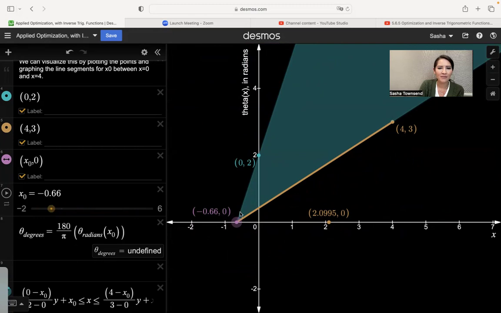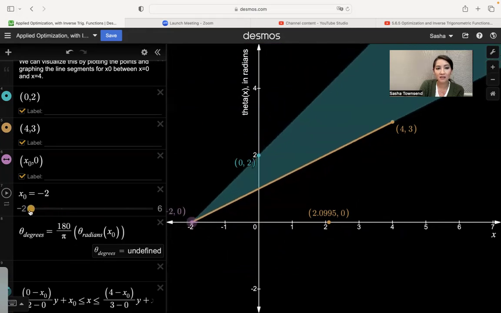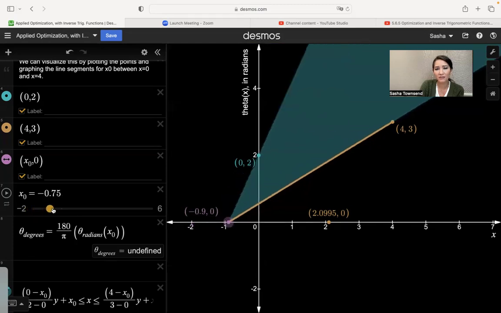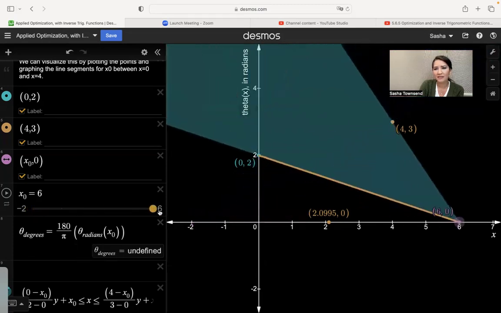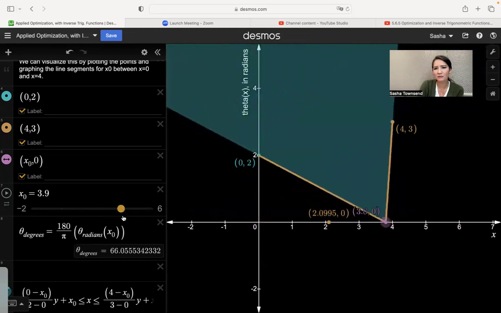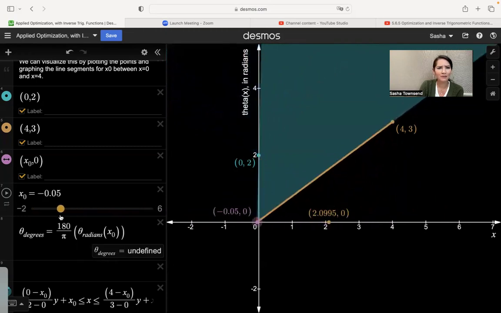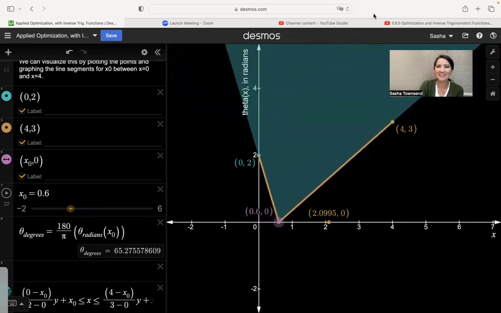But I think we can all see that that angle gets smaller and smaller once we're outside of the interval from 0 to 4. You see how small it is? We see that the maximum has to be somewhere in between 0 and 4. Intuitively, that makes sense. And I think that maximum is at about that value, which is a point I accidentally plotted and forgot to hide from you before I created this video.